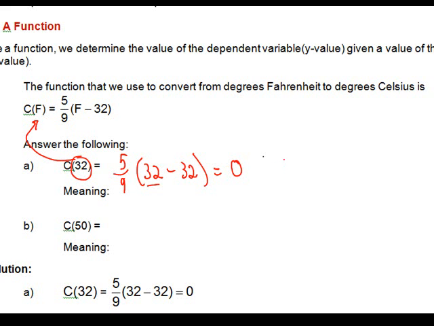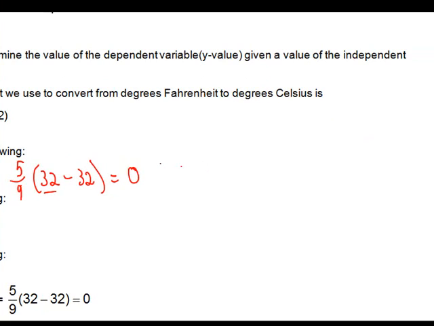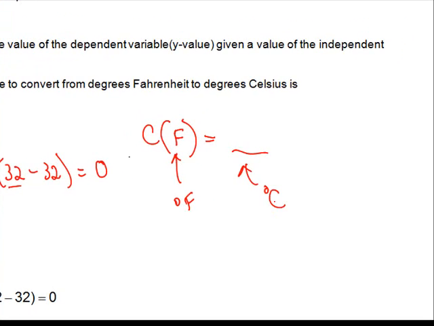Well, what does that mean? In order to understand what it means, we need to understand what the function is telling us. So what we learn is that c at f is equal to some quantity. Notice the f in the parentheses is degrees Fahrenheit, and what we're getting out, recall, is degrees Celsius.